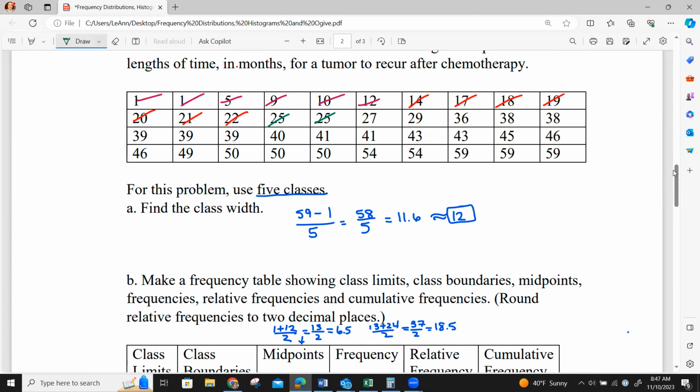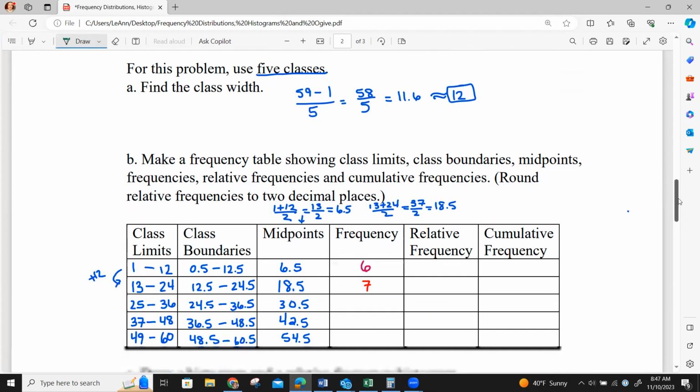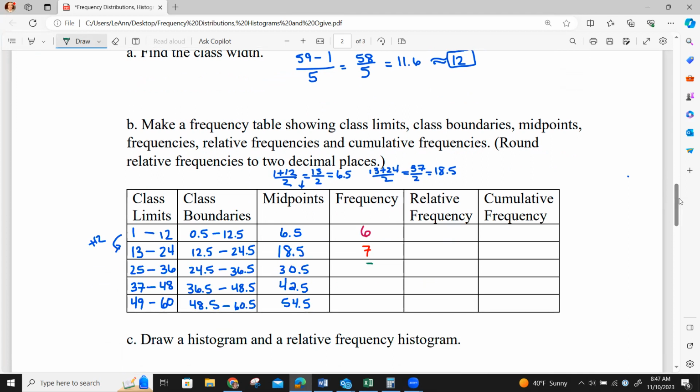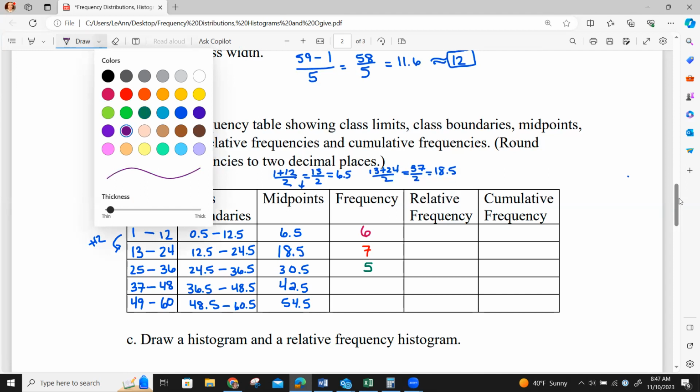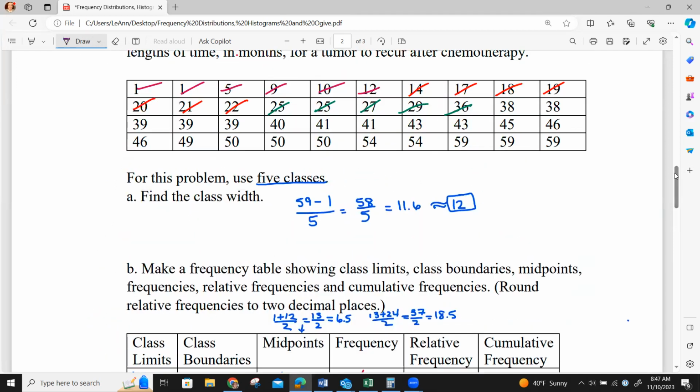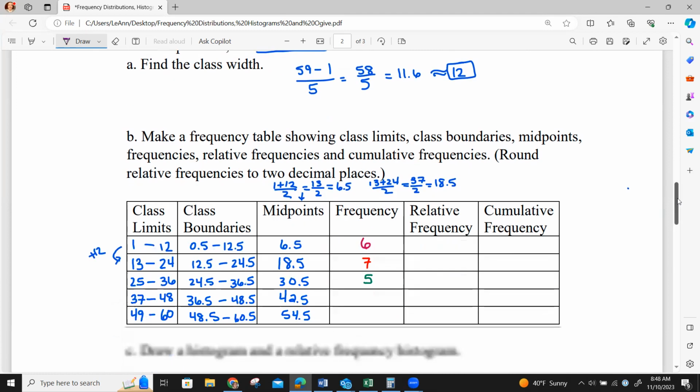So 1, 2, 3, 4, 5 items in that group. Now we need to go 37 to 48. So 1, 2, 3, 4, 5, 6, 7, 8, 9, 10, 11, 12, 13, quite a bit in that group.